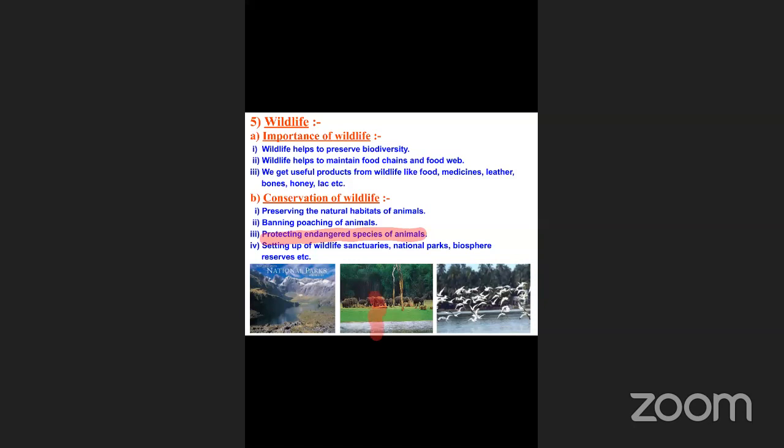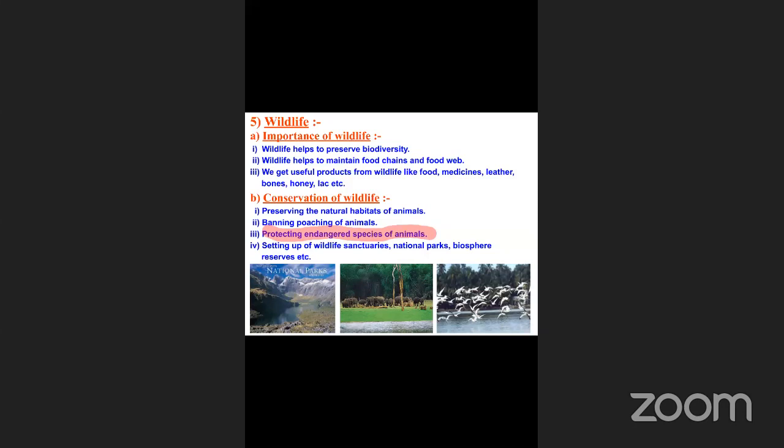The species endangered means the species whose population is very less, and in near future, what will happen? There is a chance of extinction. They may get extinct in the near future. So such a species whose population is less, and in near future they may get extinct, they are called as endangered species. Okay?